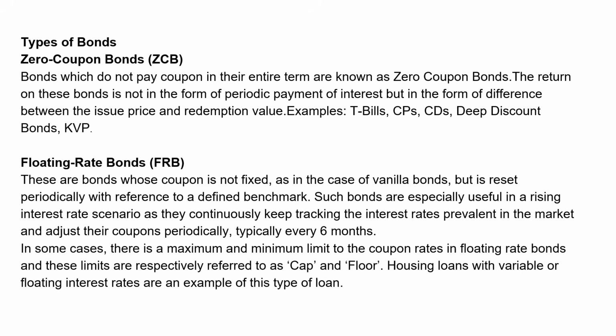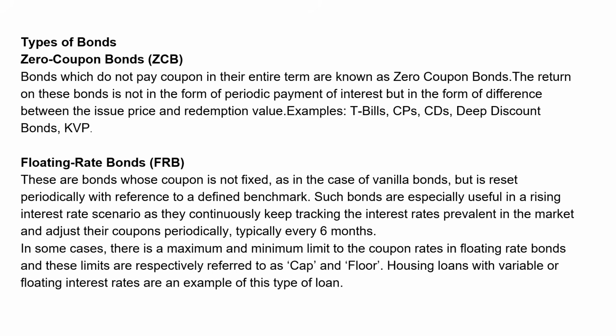Say for example, in case of zero coupon bonds, the redemption amount or the face value of the bond is, let's say, 100 rupees, and when you are being issued this bond, you will be issued it at a discount. Let's say for 83 rupees you are able to get this particular bond. These types of bonds are called zero coupon bonds because they don't give you any percentage interest rate, like 8.3 percent or 9 percent.